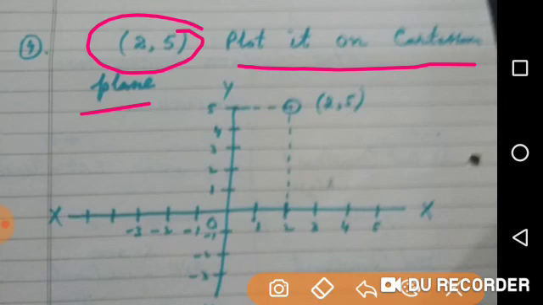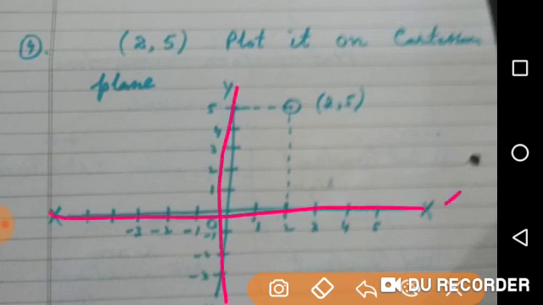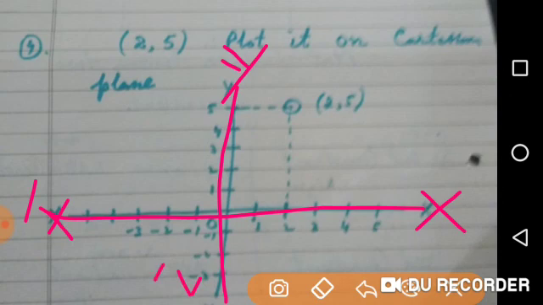So we'll draw a Cartesian plane here first by drawing a vertical line and horizontal line. So write them x dash and x axis, then y and y dash. In the direction of x there are positive values of x, in the direction of x dash there are negative values of x. Similarly, in the direction of y there are positive values of y, in the direction of y dash there will be negative values of y.